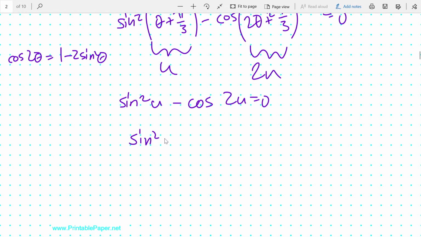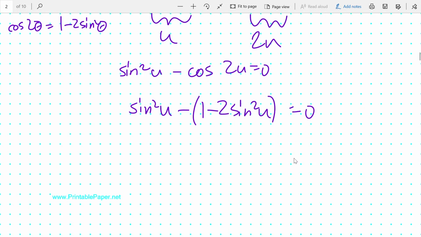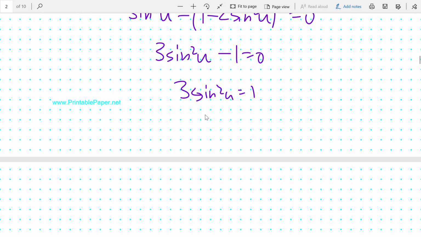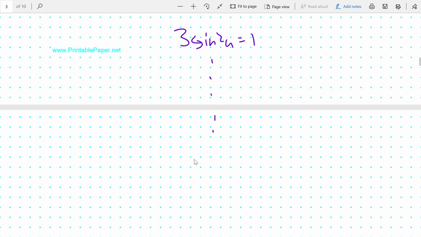You have sine squared u minus 1 minus 2 sine squared u equals 0. And you can check this, but it should evaluate out to 3 sine squared u minus 1 is 0. 3 sine squared u is 1. And so on and so on. I think you get sine u could be plus or minus 1 over 9, blah, blah, blah.